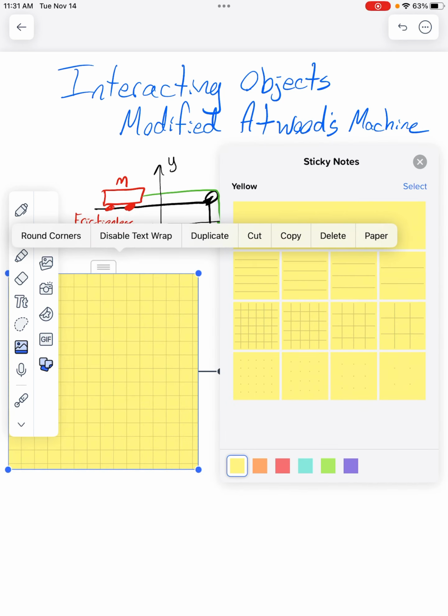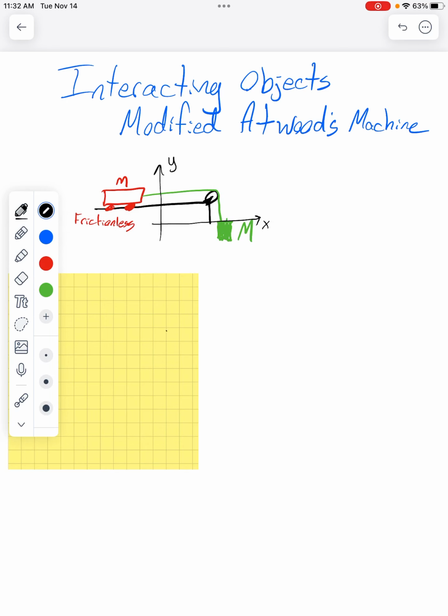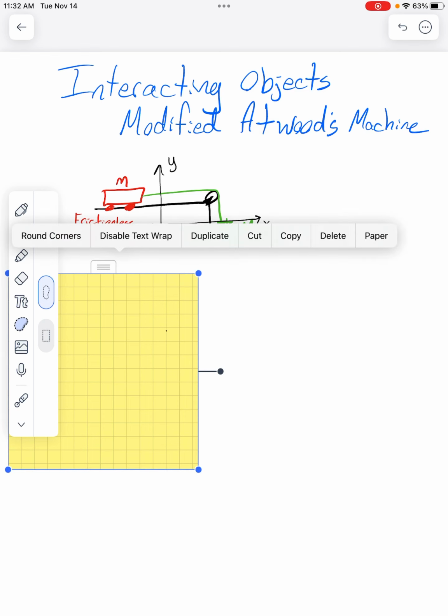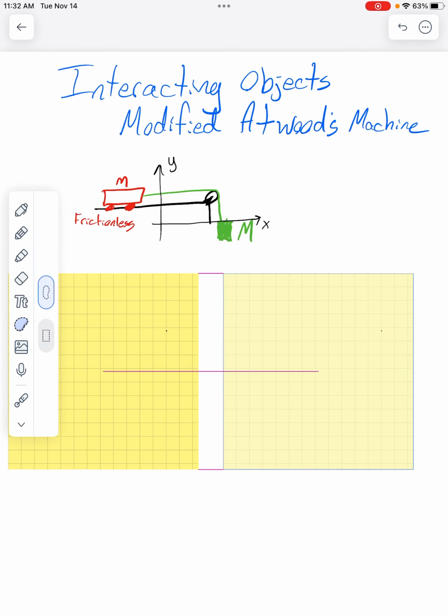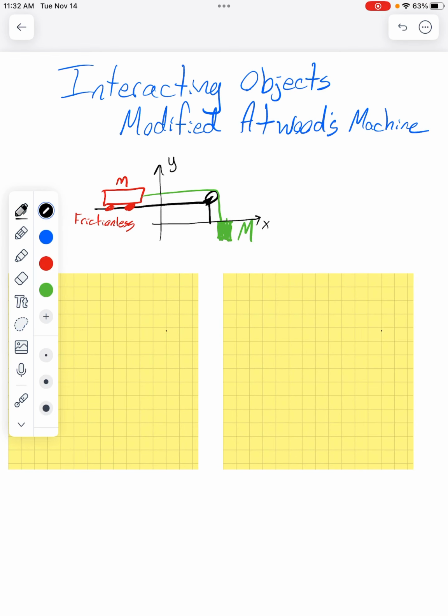Okay, so for little m, we've got the weight of little m, we've got a normal force on little m, and then we've got tension.